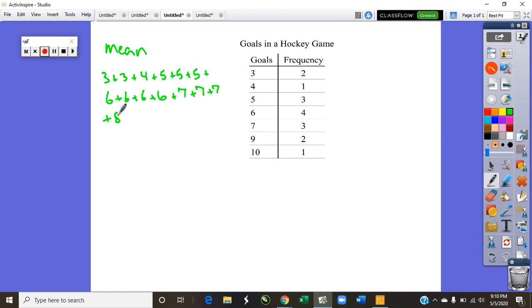Oops, and I write an 8. And 10 happened once. Okay, so let's add all these up so we can find the mean here. You guys do that on your end, and I'll do it on my end.